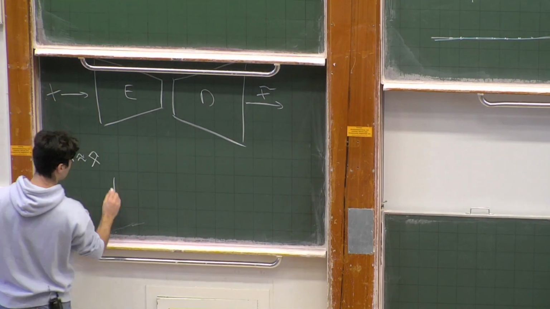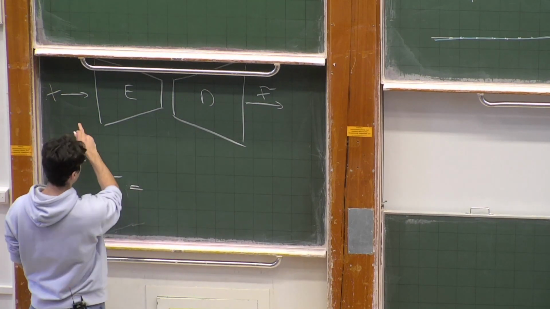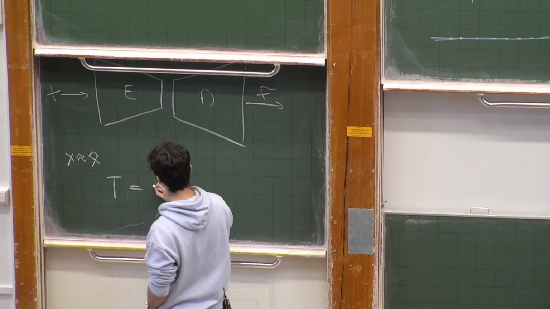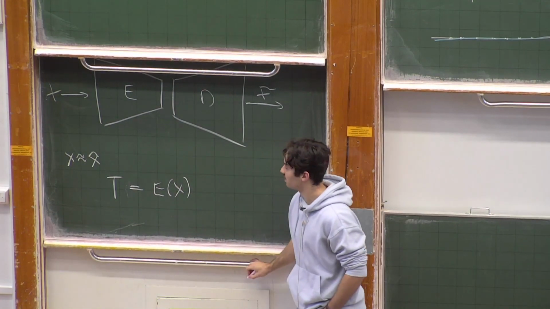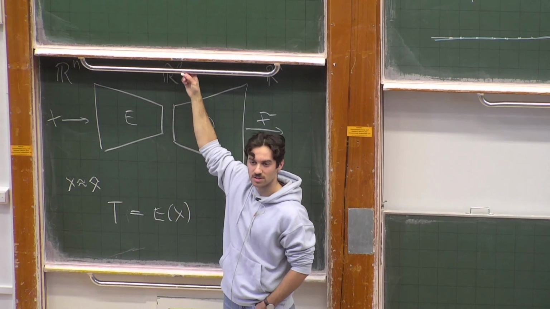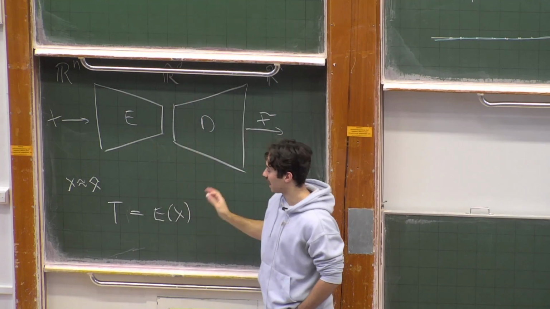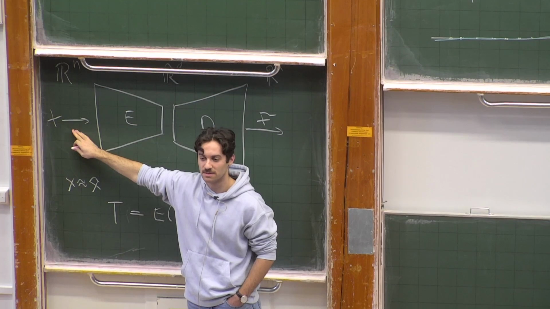Okay, and now as a byproduct of the training, in the end, we can look at, let's call it T, just the image of the data matrix under the encoder. This will live in RL, so this is low dimensional, and it still has to carry the information of the input data.